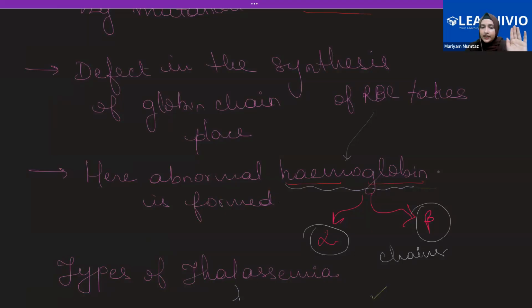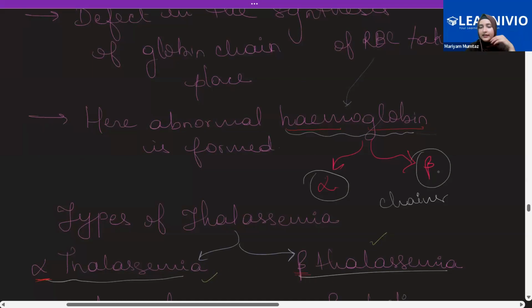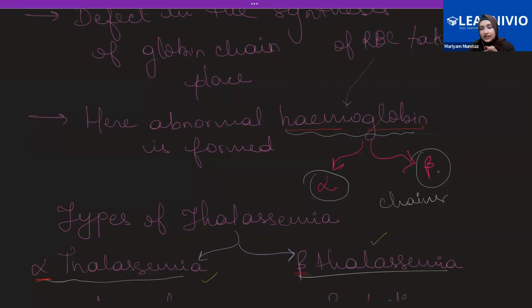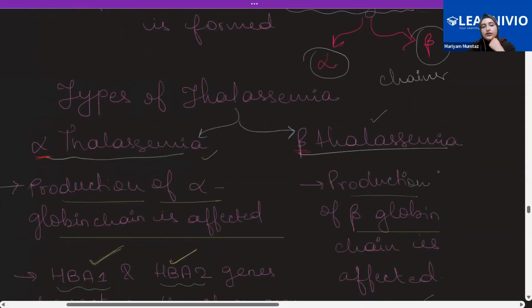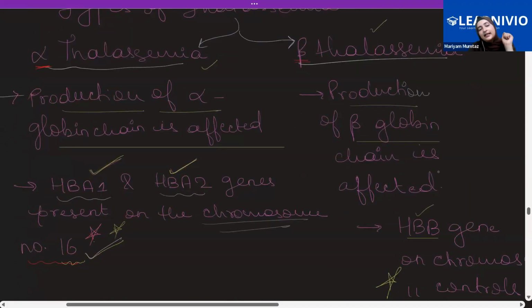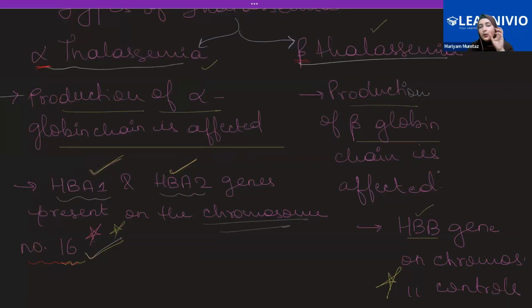Now you know already that the hemoglobin has two chains, alpha and beta. So if the alpha chain is affected, then the person would have alpha thalassemia. If the beta chain is affected, the person will have beta thalassemia. Clear? Yes. So in alpha thalassemia, the production of the alpha globin chain is affected, whereas in beta thalassemia, the beta globin chain is affected.